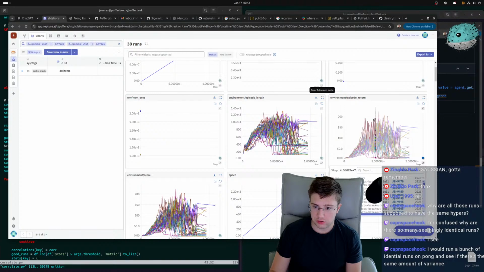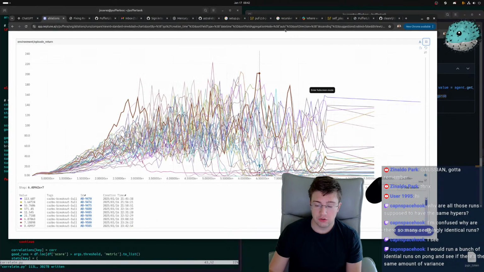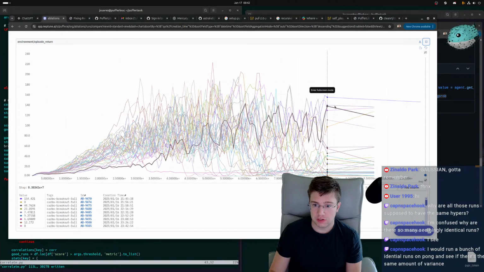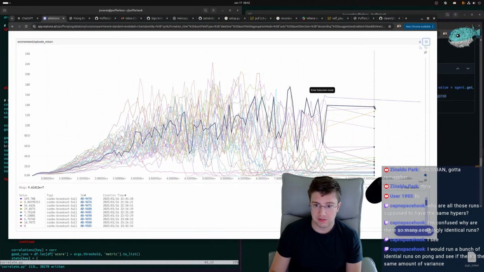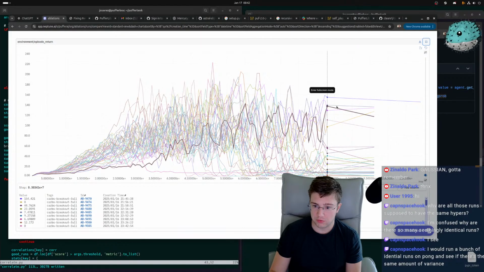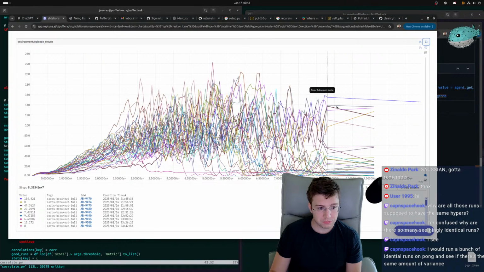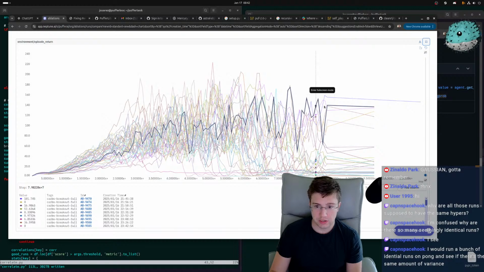So we have these charts. We can see these are all over the place, right? These evals at the end are accurate. So here's a cool thing with Puffer. You see how this line is very long here? That's because this point at the end is an average of this many samples. So this is E plus 7, so this is over 10 million.